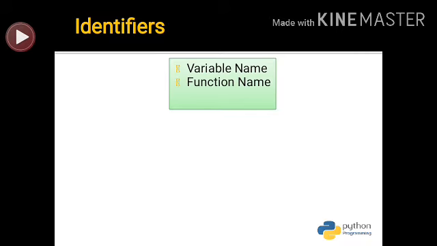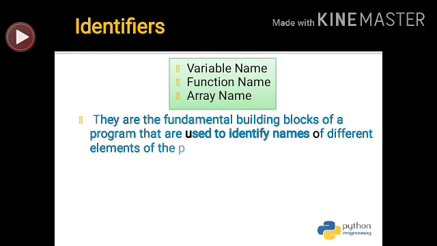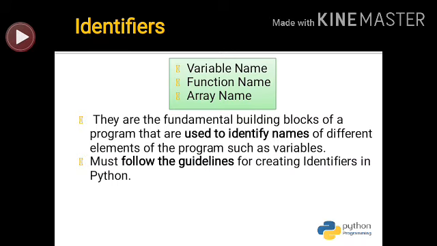Let us see one by one. Identifiers are the fundamental building blocks of a program. They are used to identify names of different elements of a program like variable name, function name, etc. We must follow certain guidelines for creating identifiers. An identifier is a sequence of letters either in lowercase or in uppercase, digits and underscore only as a special character.